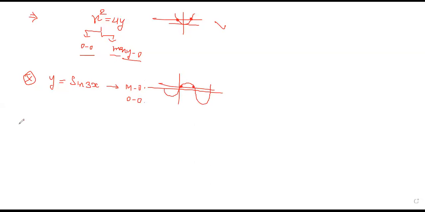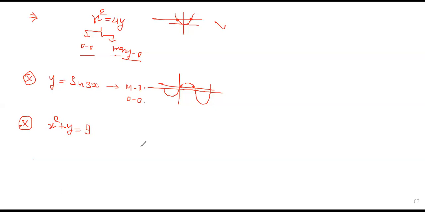Next, x squared plus y equal to 9. It is also many one function.